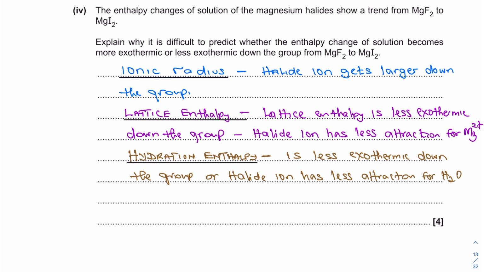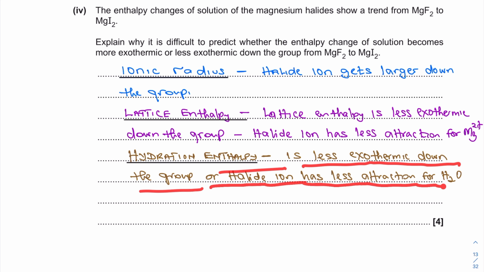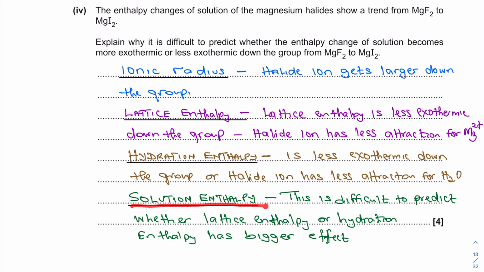Next point is to look at hydration enthalpy. Hydration enthalpy is less exothermic down the group, or the halide ion has less attraction for water. So we look at enthalpy of solution. This is difficult to predict, whether lattice enthalpy or hydration enthalpy has bigger effects.